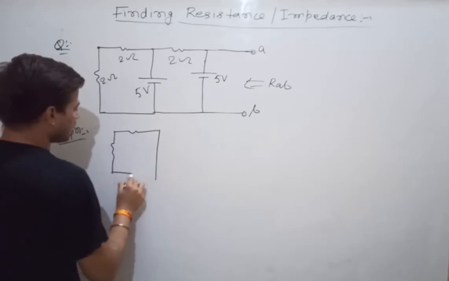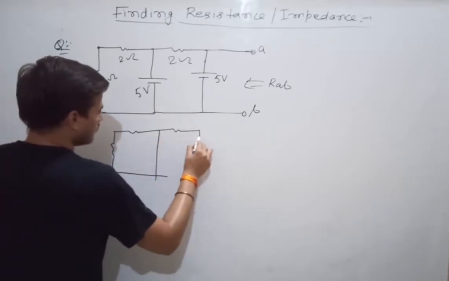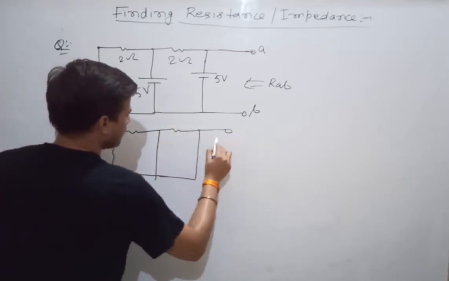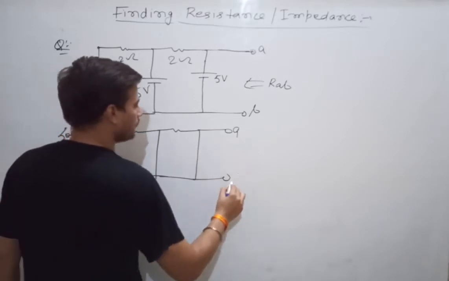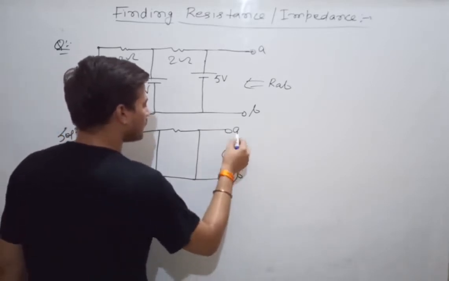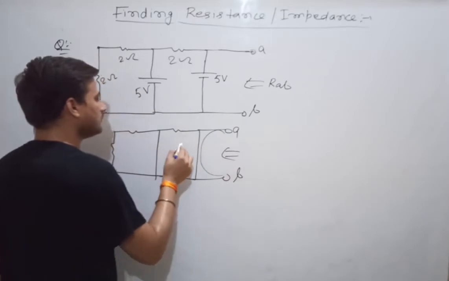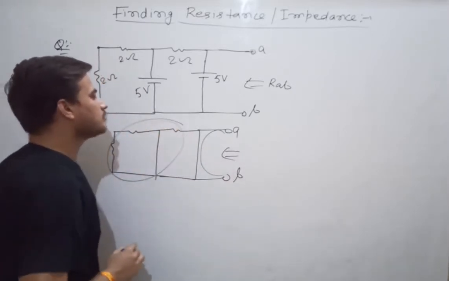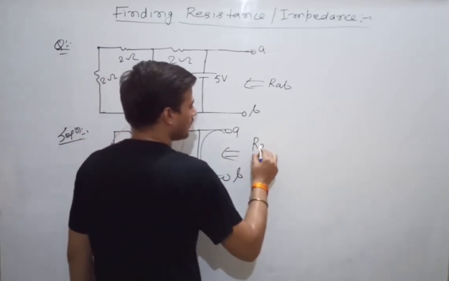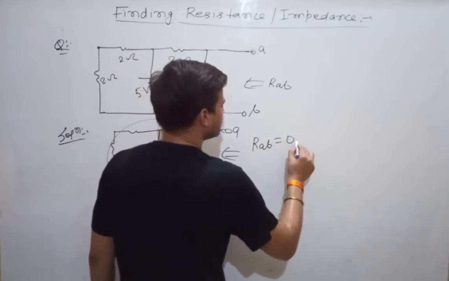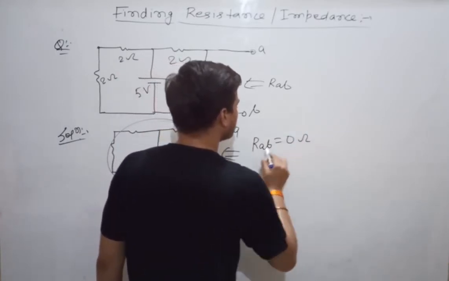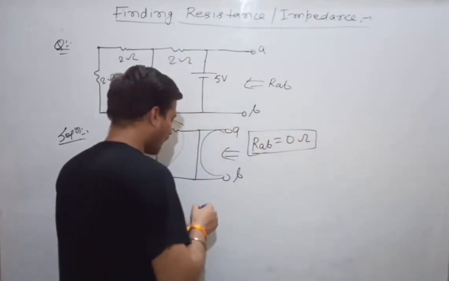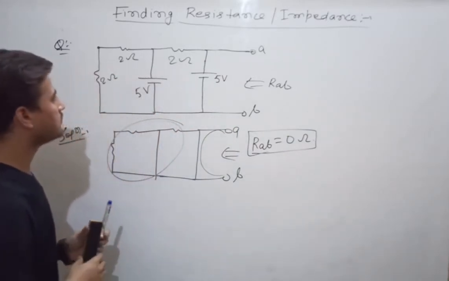This will be deactivated. Here it is A, B. Now if you place a battery, the current will flow through this one, so this part will not come into the picture. So RAB will be equal to 0 ohm.